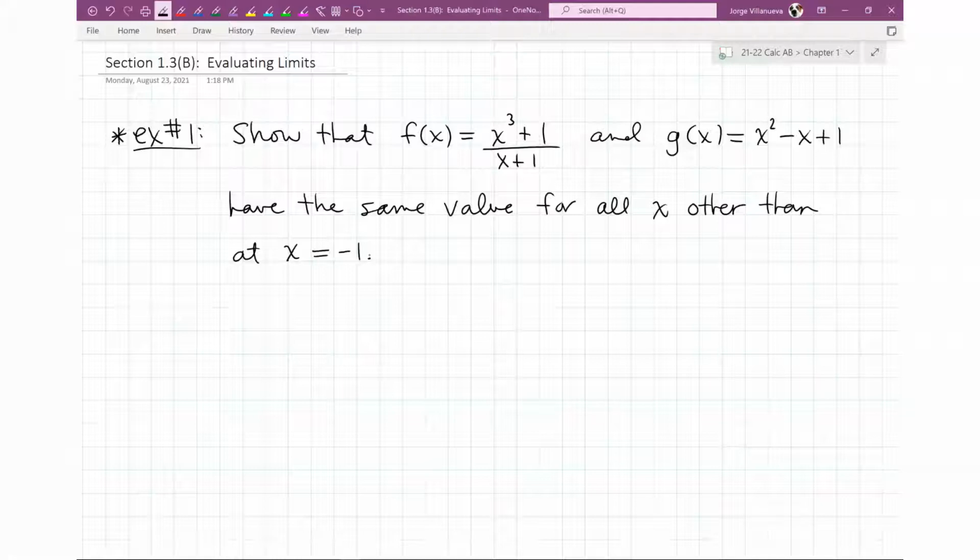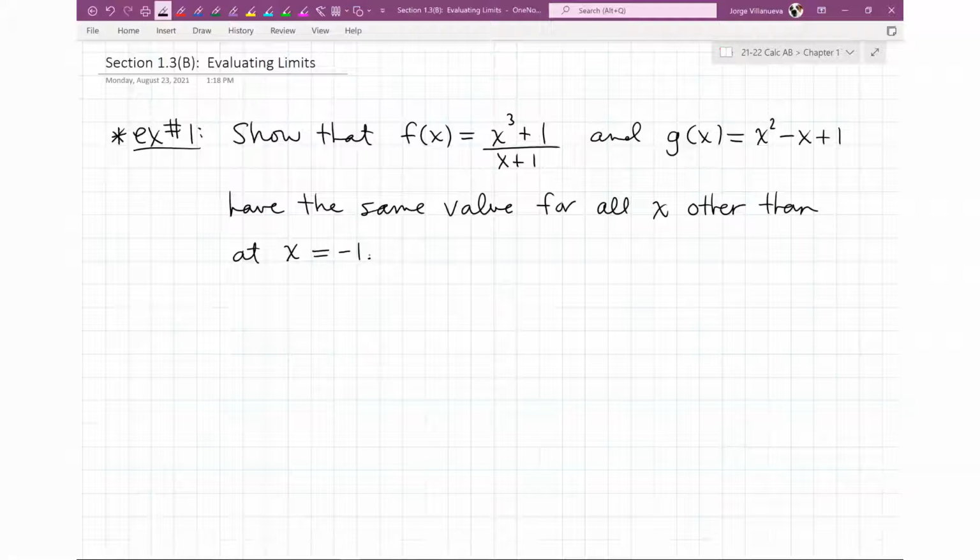Let's give you a little bit of time just to write that down. So this one is not a limit, okay, so much as it is just a proof. Show that these basically have the same values for all x's, except for x equal to negative 1.